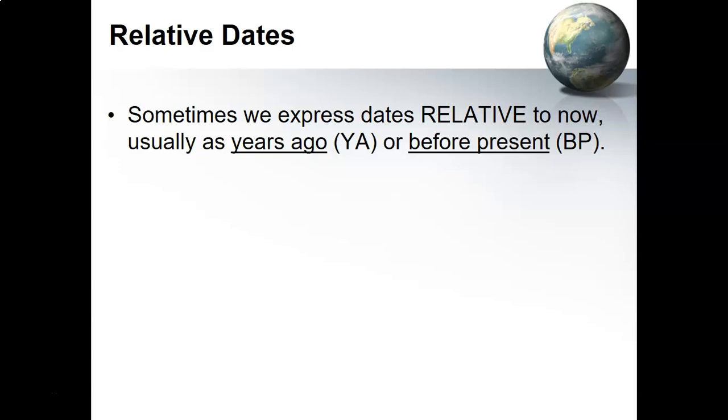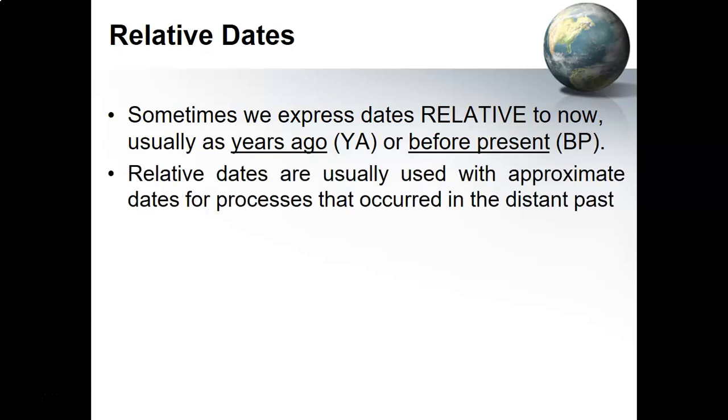And you'll see two different abbreviations for this, YA years ago or BP before present. They're essentially the same thing. They're translating something, looking at it how many years ago from now, and then putting it on the timeline.